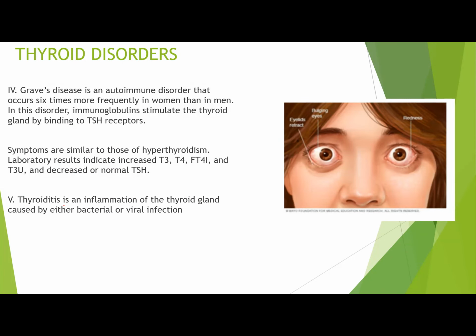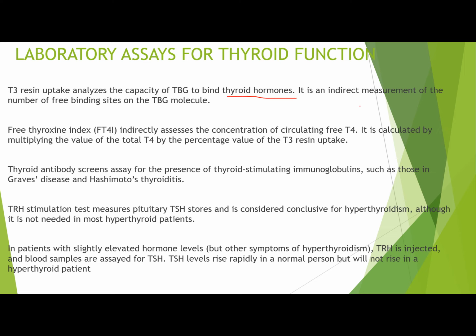Now let's continue with the next one, yung thyroiditis nyo. So thyroiditis is an inflammation of the thyroid gland caused by either bacterial or viral infection. Now, lab assays for thyroid function class. So we have your T3 resin uptake, analyzes the capacity of thyroid binding globulin to bind thyroid hormones.